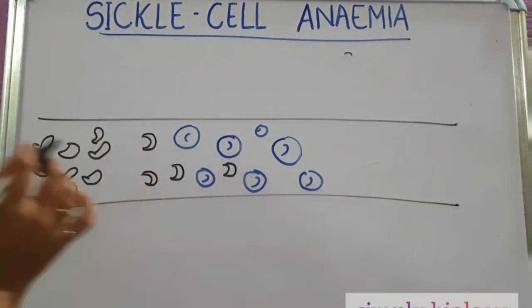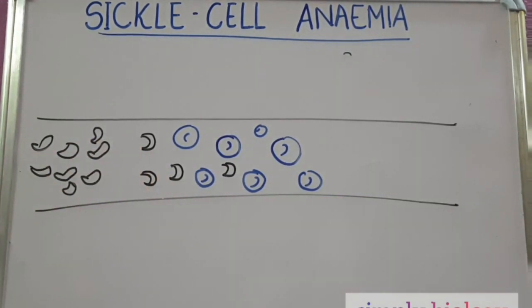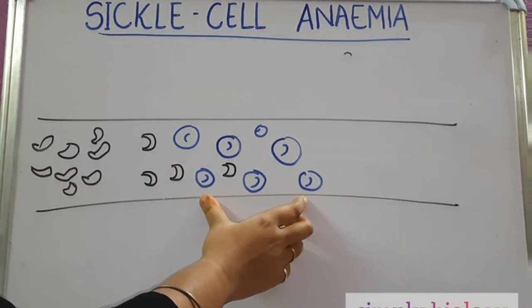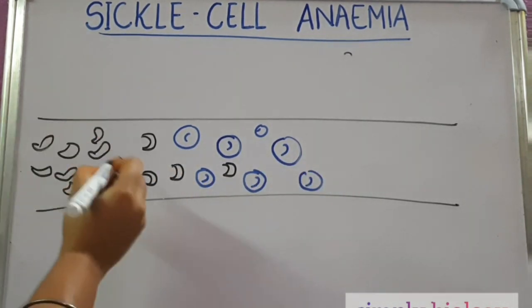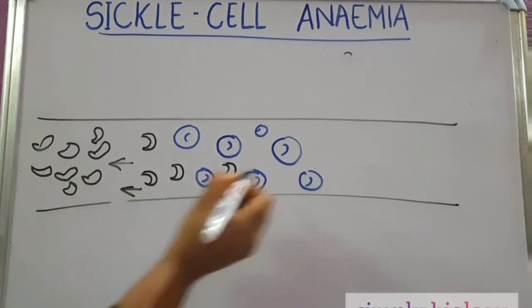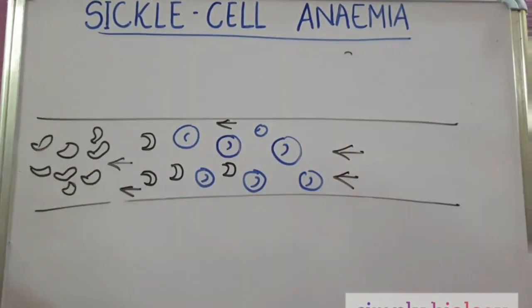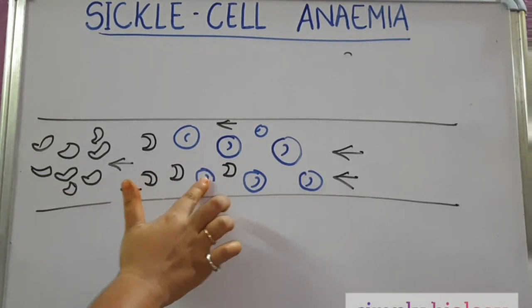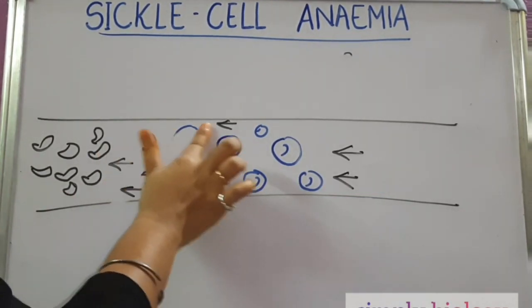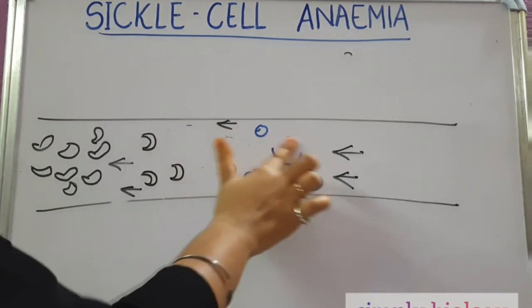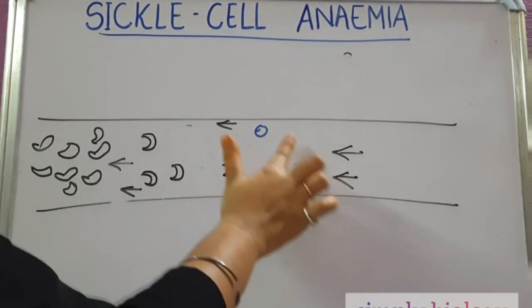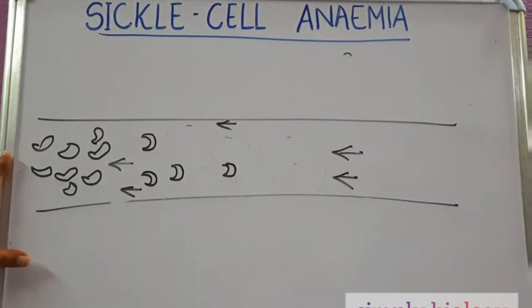They start accumulating in the blood, which prevents the healthy red blood cells from flowing. In this way, the healthy red blood cells start dying.